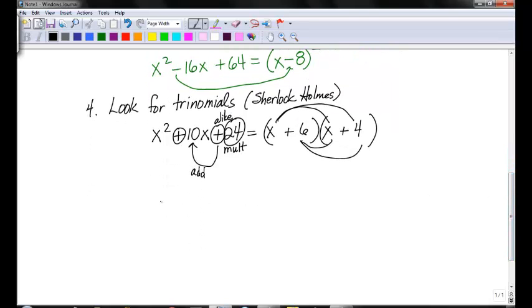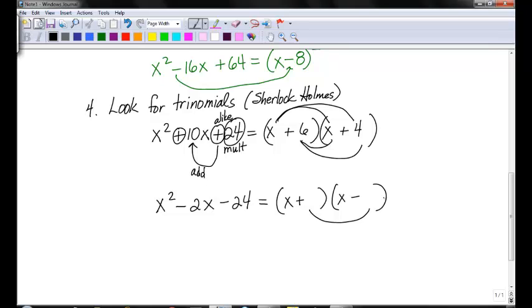Other possibilities in signs, examples like, say I had x squared minus 2x minus 24. I know I need an x times an x to give me the x squared. When I multiply this last thing together, it has to be a negative 24. So one's got to be positive, one's got to be negative. I don't care which order.